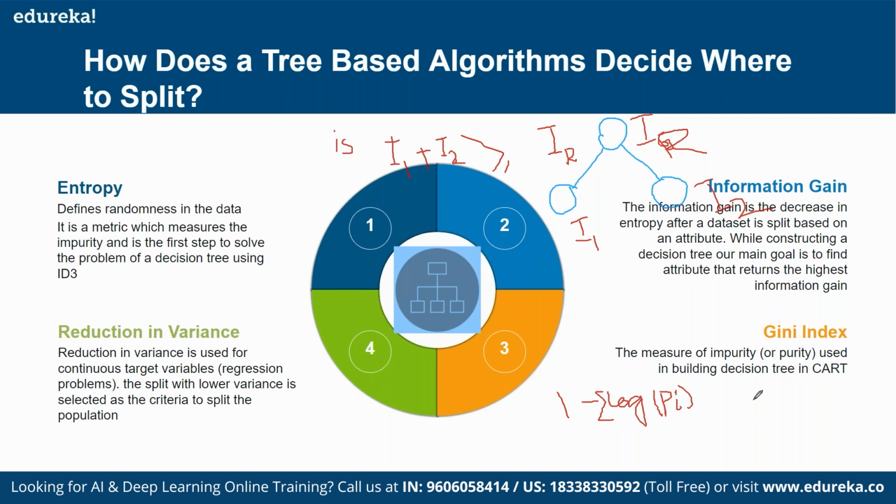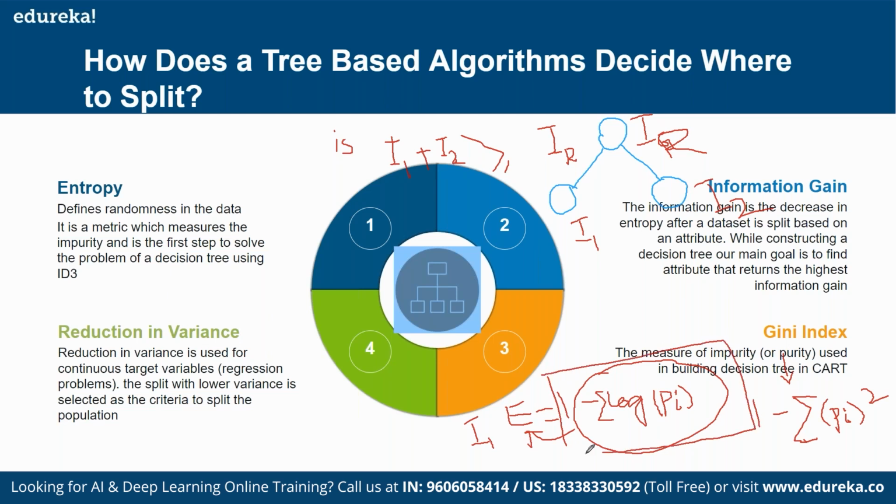In the previous case it was 1 minus sum over square of the PIs for Gini index. In case of entropy, it is 1 minus sum over log of PI. So this is how I calculate the I1 and I2. So entropy is this part basically. This is entropy, and 1 minus that is the information gain. So this entire thing which we have here would be the information gain.